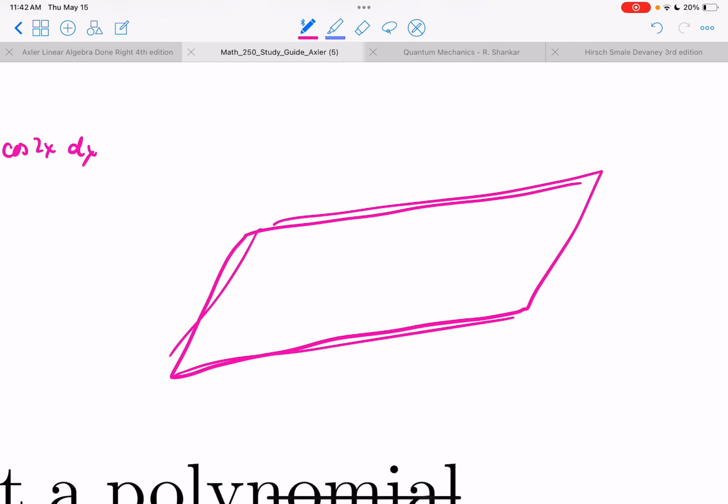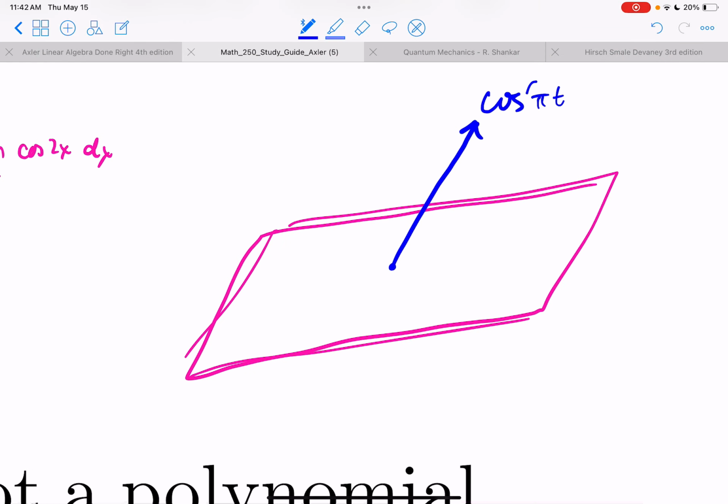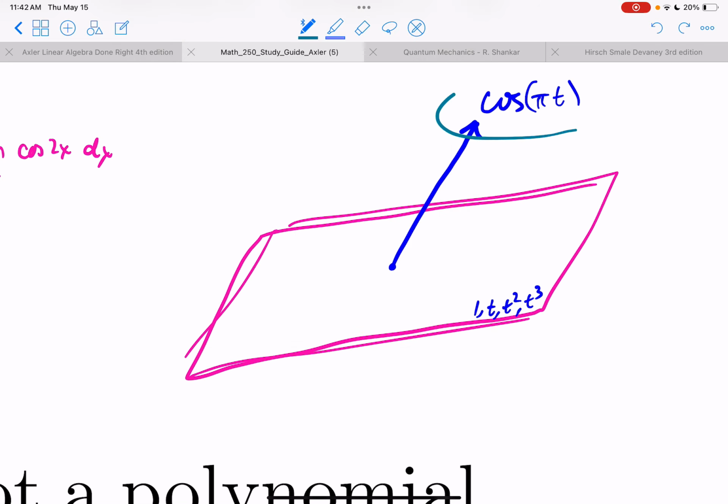And then we could, if we want, step outside of our space to some bigger functional space and find like a cosine pi t instead. And down here are maybe just polynomials in t, some smaller dimensional space. What we're going to find is that integrating against cos is actually the same as integrating against the projection of cos down to our subspace, the orthogonal projection, which we're going to learn about in the next section.